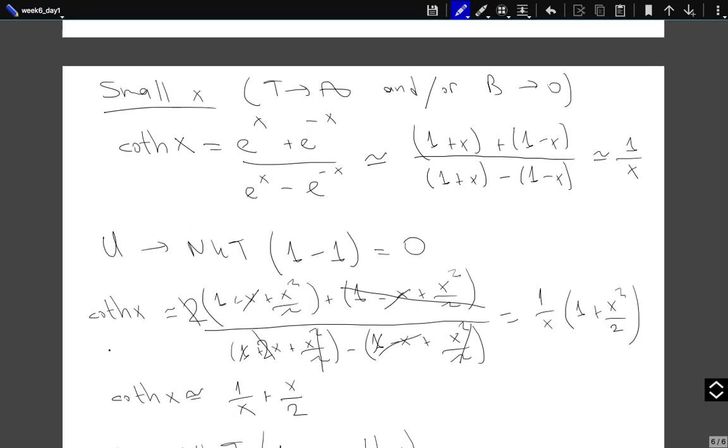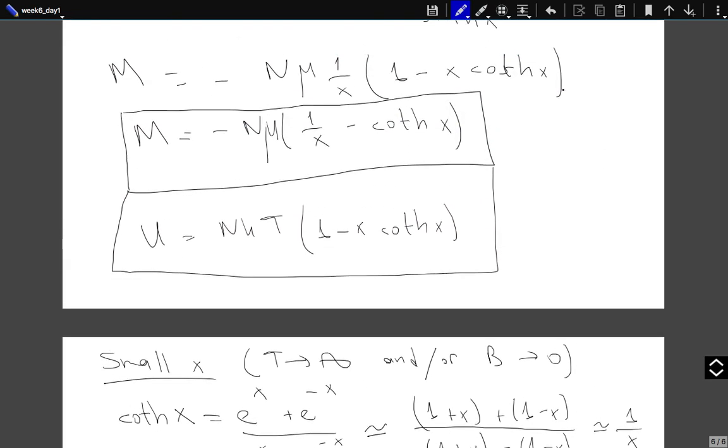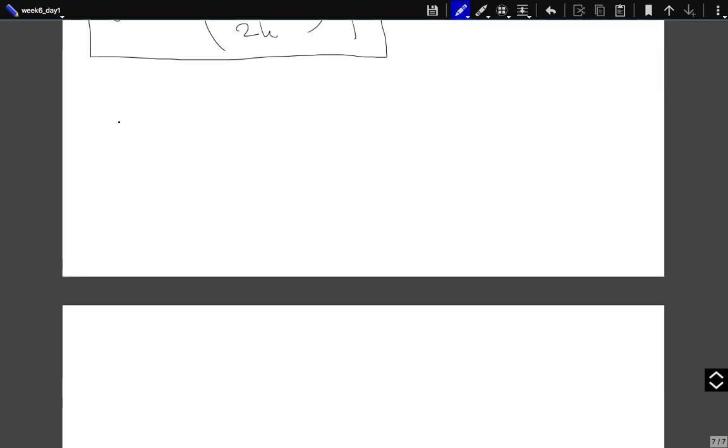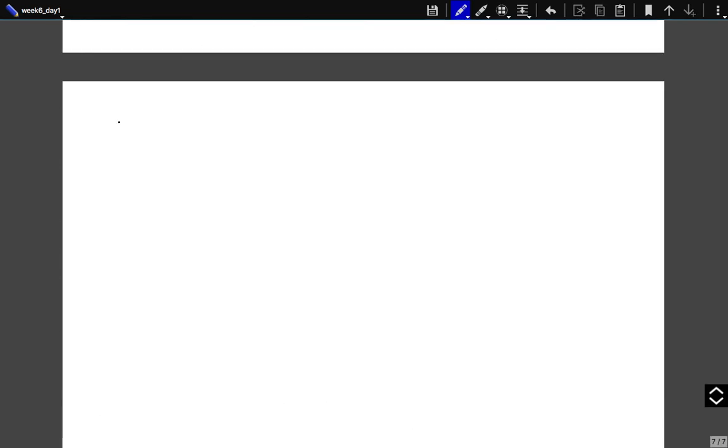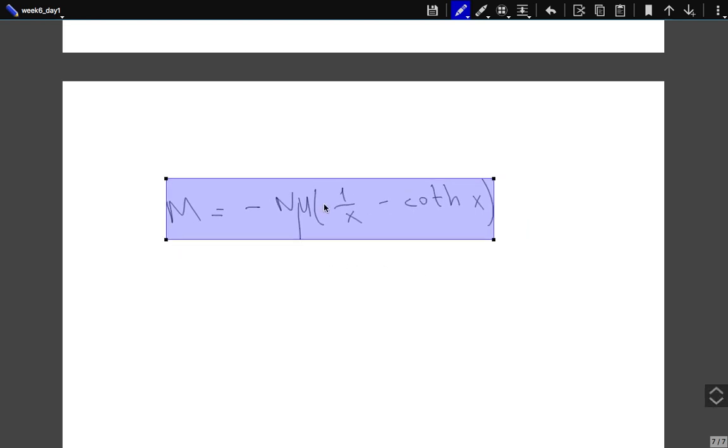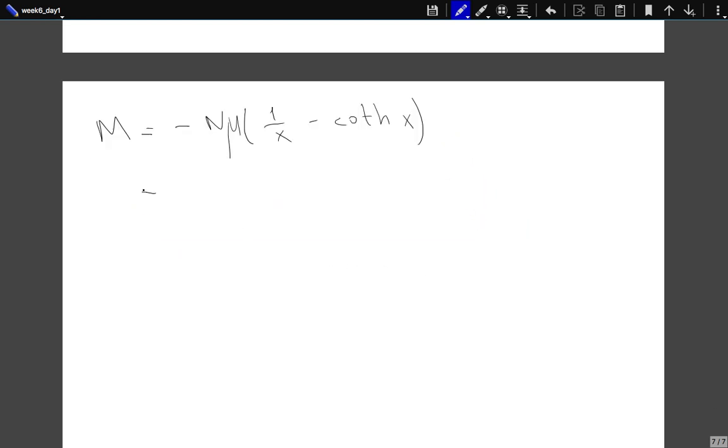Now let's look at the magnetization. This was our magnetization. This for small x will become minus n mu times 1 over x minus, for the cotangent hyperbolic we had obtained, 1 over x plus x over 2.